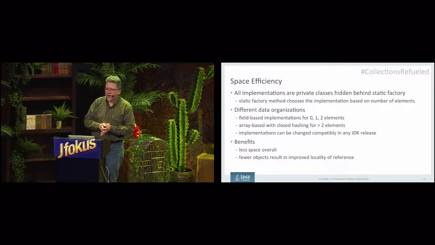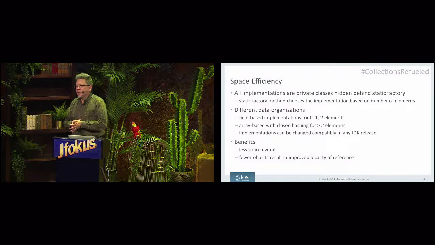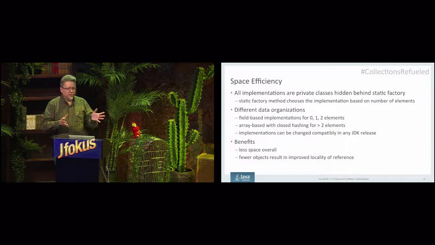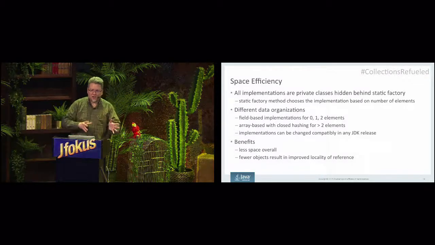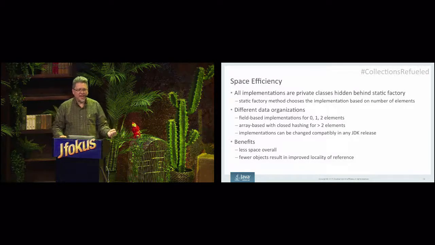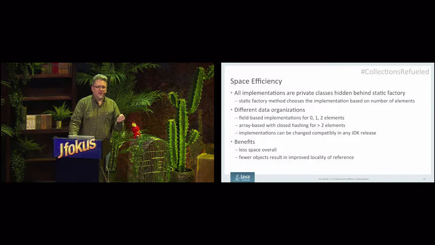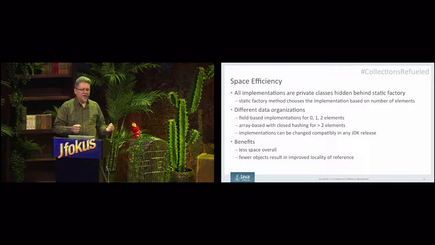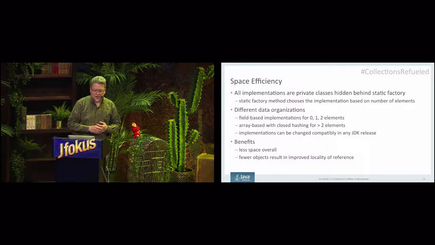So for instance, with the set implementation, if you have 0, 1, or 2 elements, then we have, it's in the process of changing actually, but we have dedicated classes that store set elements in fields. And above 2 elements, we have another set implementation that stores the set elements in an array.